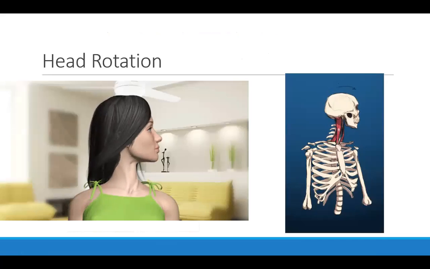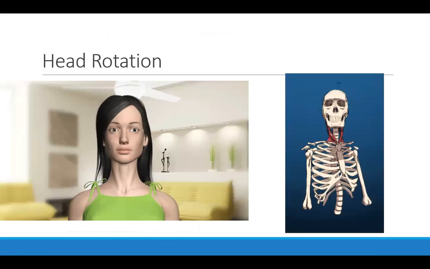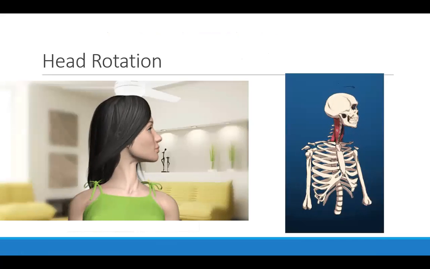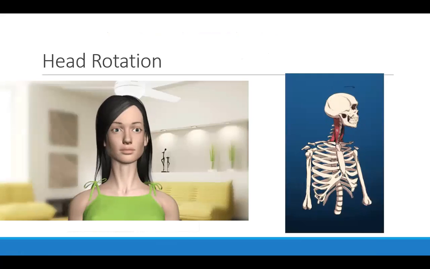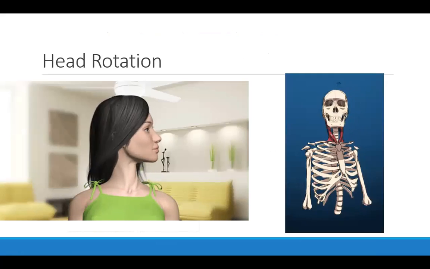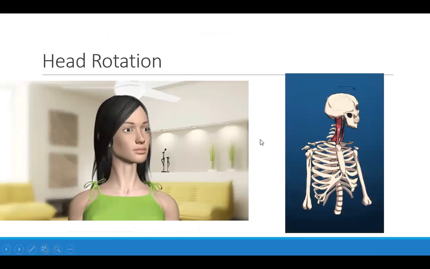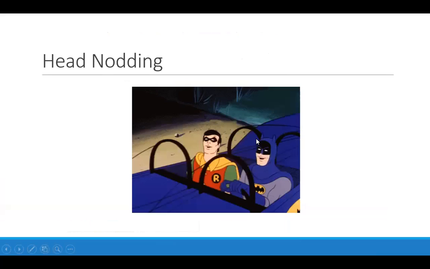So, head rotation: turn our head to the left, turn our head to the right, depending on which sternocleidomastoid muscle is contracting, the left one or the right one. If both contract, we nod our head like that.